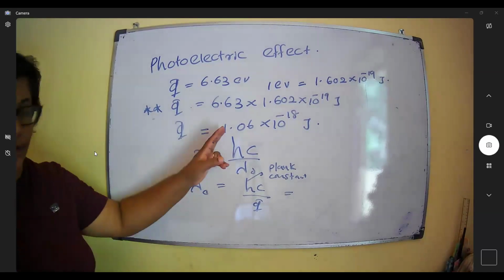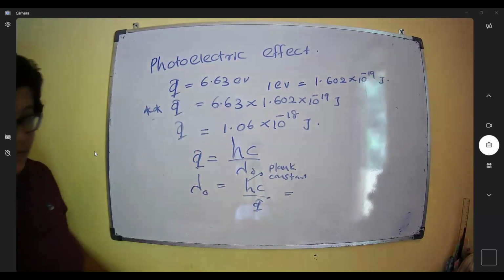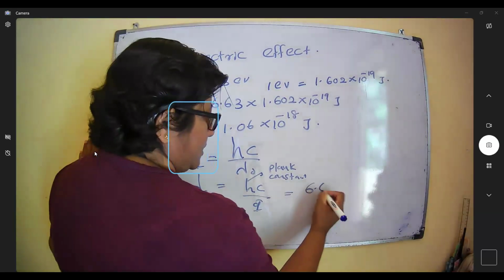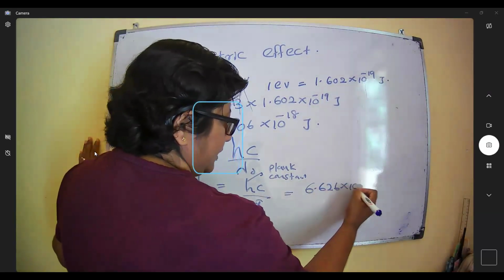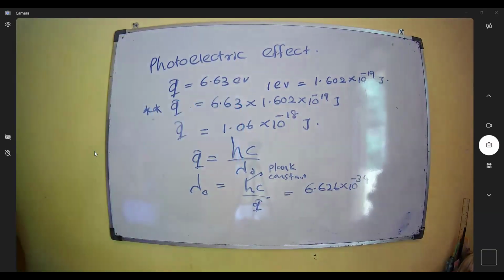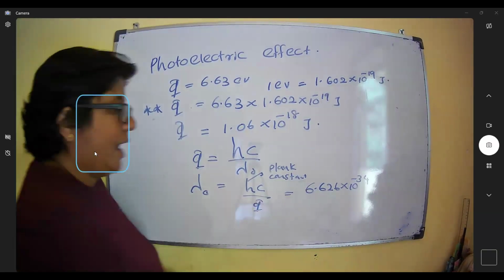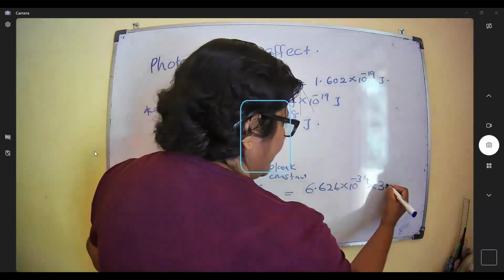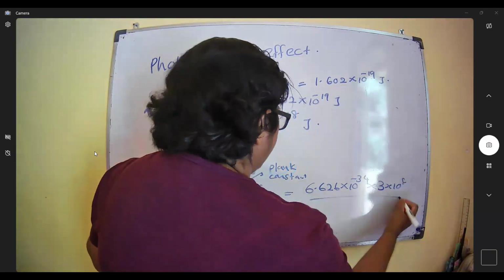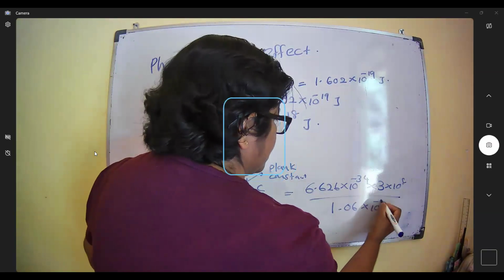Once we calculate the work function in joules, we substitute into the equation: 6.626 times 10 to the minus 34, the Planck constant value, c the velocity of light, and phi converted into joules, 10 to the minus 18 joule.